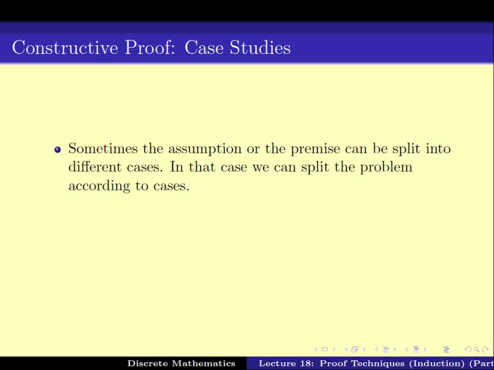We also saw some case studies in which you can split the assumptions into a finite number of cases, and for each case you prove it separately. That is, if A can be written as C or D, then you can split up the problem A implies B as C implies B and D implies B.